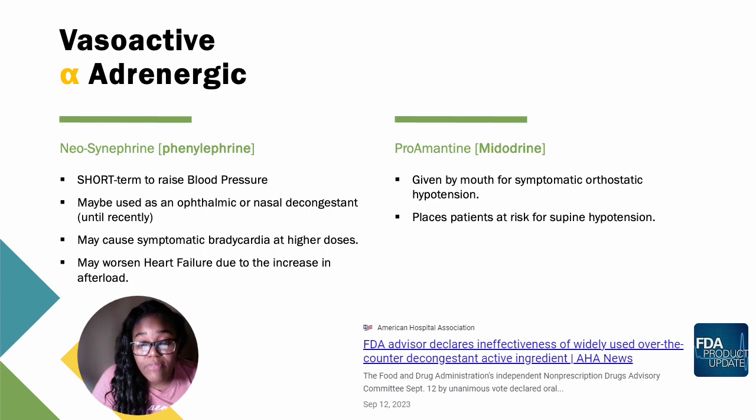So we give midodrine to help increase blood pressure so we don't see orthostatic hypotension in these patients. You may also give this to patients that are at risk for supine hypotension, which is just hypotension when they are laying down. So again, midodrine is given a little bit more frequently because it's a PO drug, but it does help with orthostatic hypotension and supine hypotension.